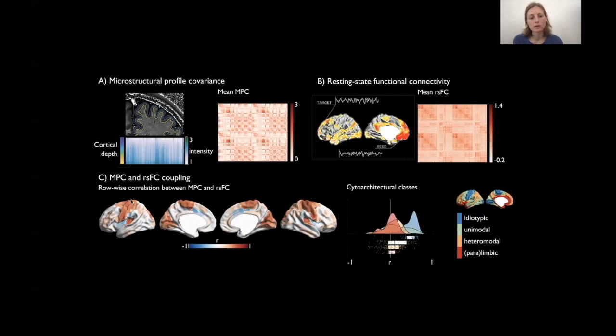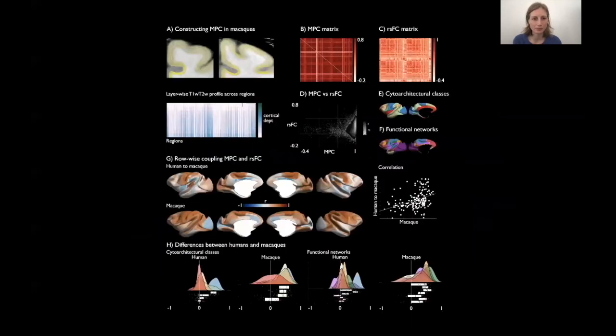So what you see is that regions that have a high correlation are primary regions, as you see here, and there's a low or even negative correlation in heteromodal regions, as you also see here in this plot, and paralimbic regions, as you also see here. So this is a summary as a function of cytoarchitectural class, where you see that idiotypic regions have a high correspondence, but unimodal, heteromodal, and particularly paralimbic cortices have a low correspondence in humans.